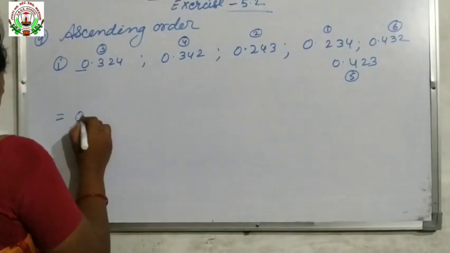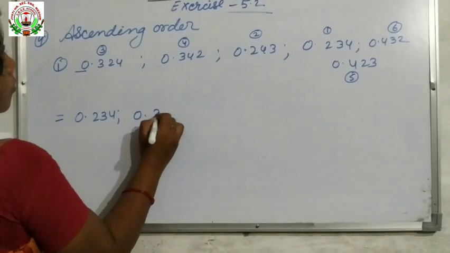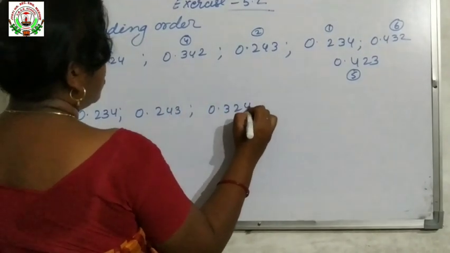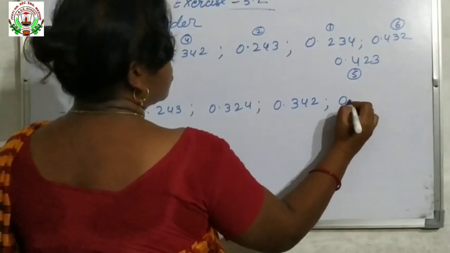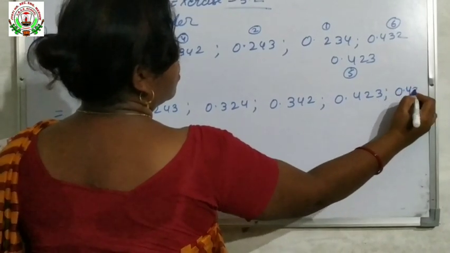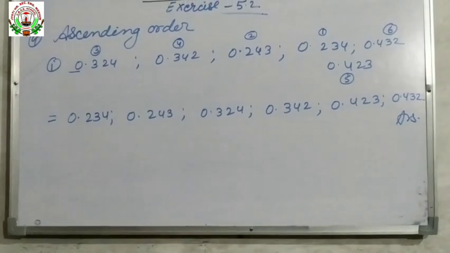Now you will arrange it. This number will come first: 0.234. Then 0.243. Then 0.324. Then 0.342. Then 0.423 and 0.432. It is the ascending order of the given numbers.